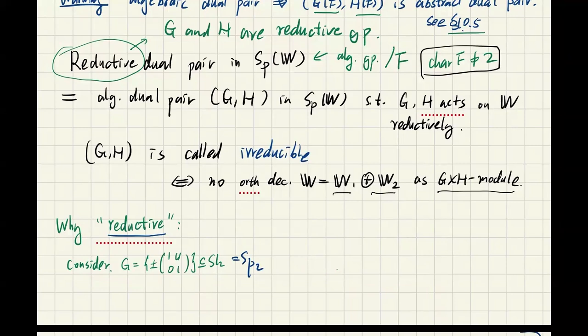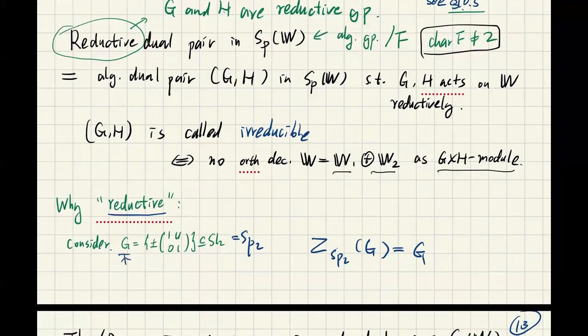It's easy to see that the centralizer inside SP2 of G as an algebraic group is just G itself. You would like to rule out this case. This G is just a unipotent radical subgroup inside SP2, so it acts on W non-reductively.